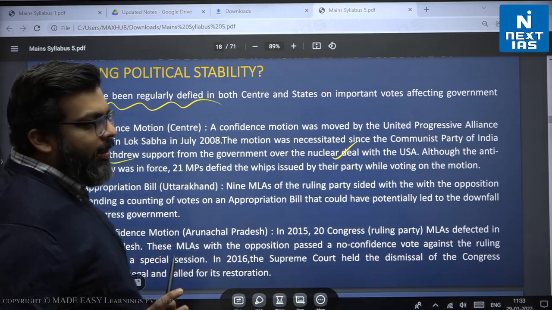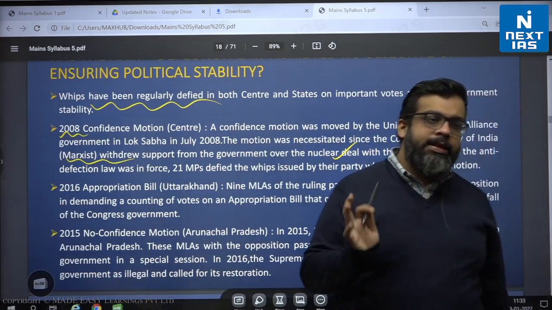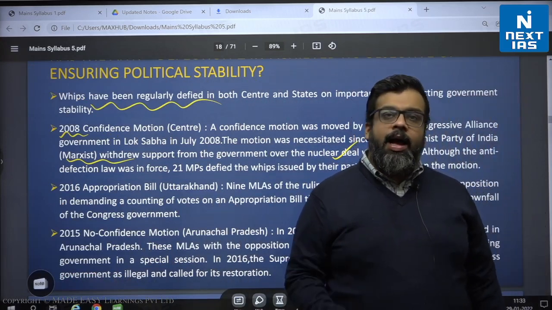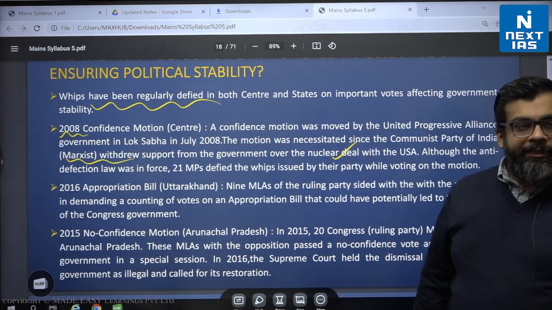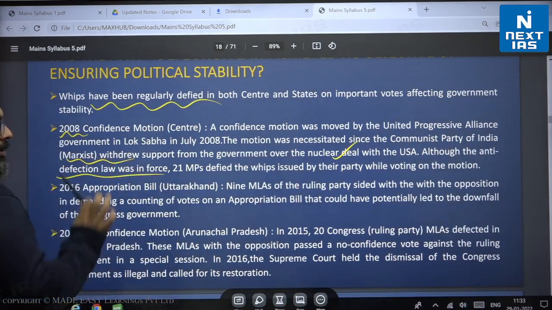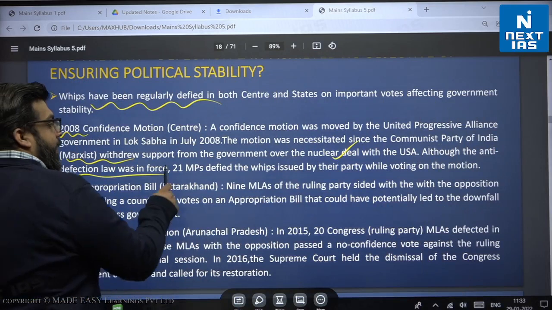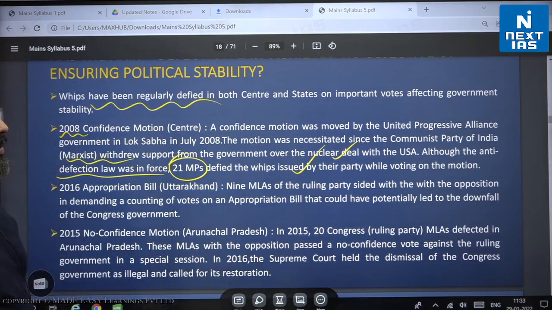Come heaven or come hell, we are going to make sure that this deal is in India's interest and we are going to execute the deal. आपको छोड़ के जाना है, आप जाओ, हम फ्लोर टेस्ट करते हैं, we will still have it. And though the anti-defection law was there, 21 MPs defied the whips issued to them, but किसी ने कुछ नहीं किया.